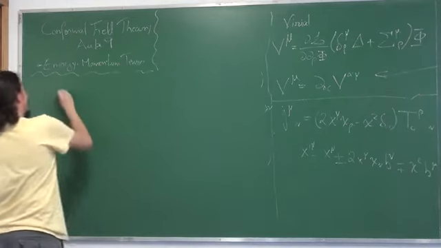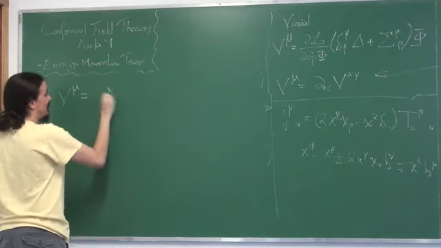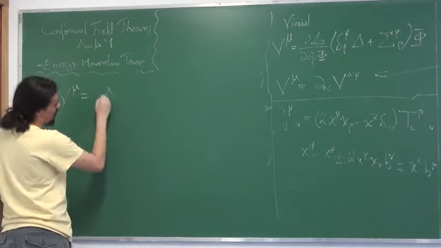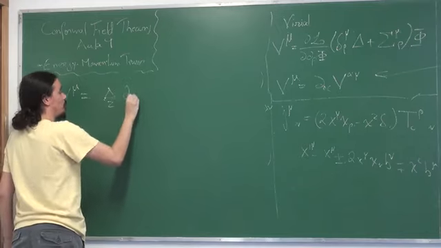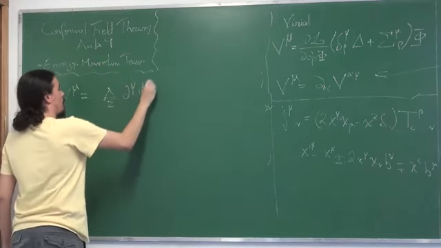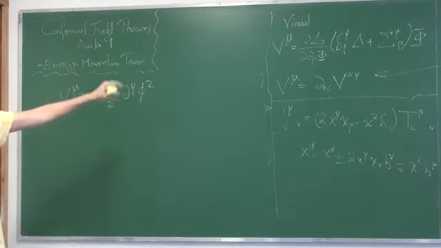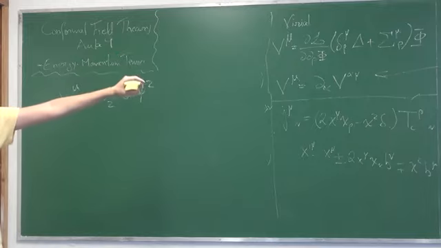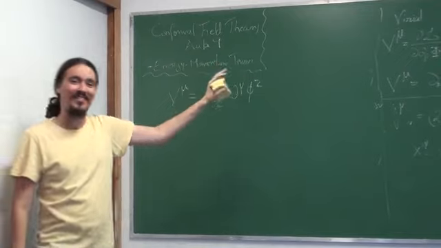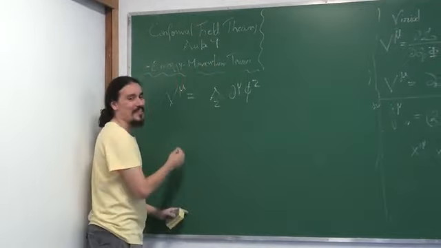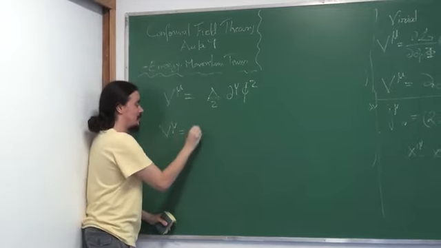The answer is that this is the scaling dimension of something like this. We can write this as a total divergence. So the answer is that the massless free scalar field is conformal in any dimension. Let's just compute it.